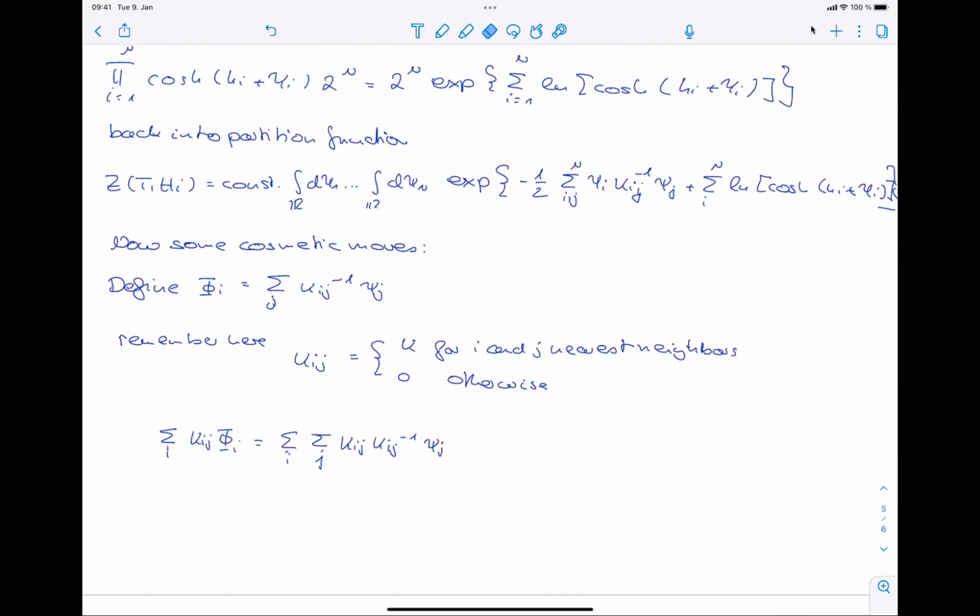Then the sum over j becomes a delta_ij, and so this becomes a delta_ij times psi_j. If I evaluate the sum, it gives me a psi_i.